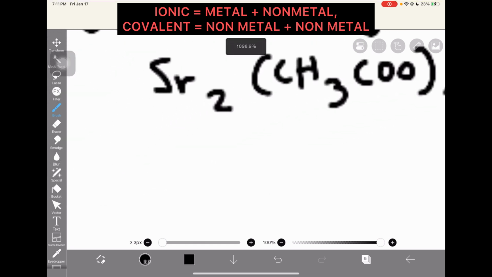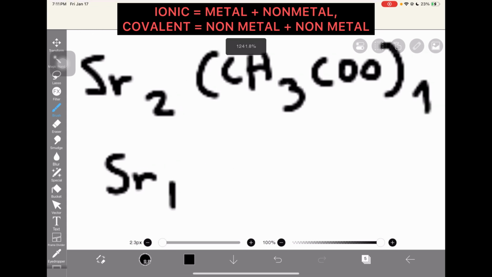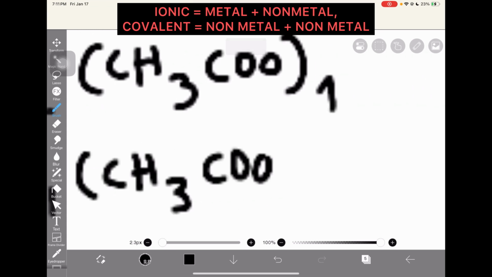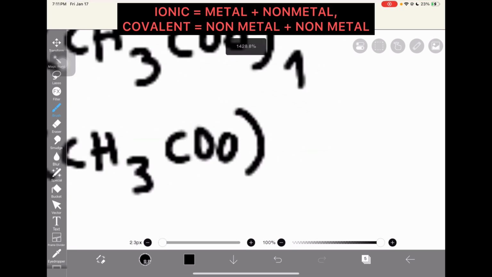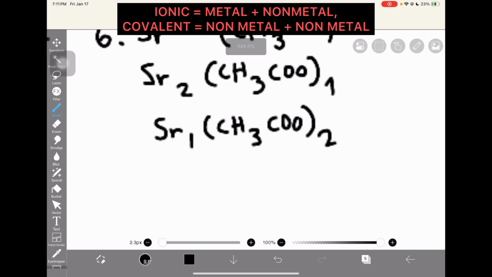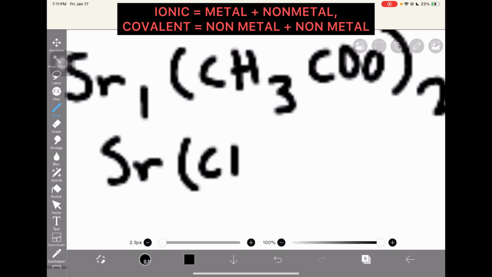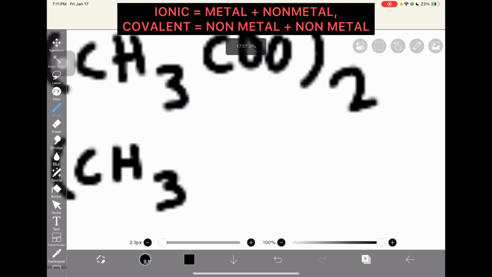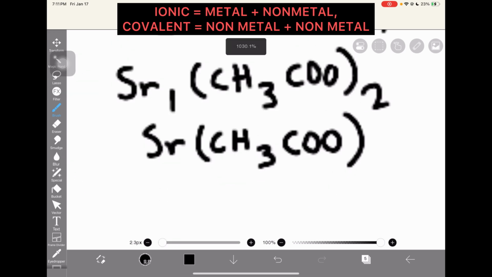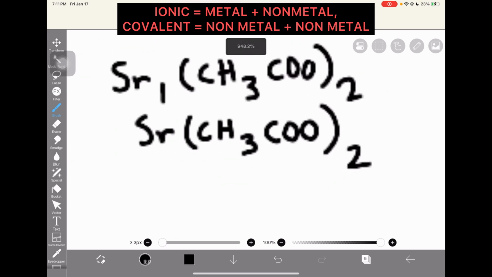The swap. And then we just reduce. Right there. That's our final answer. I'll green box it.